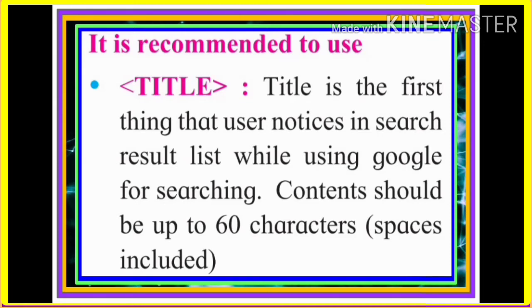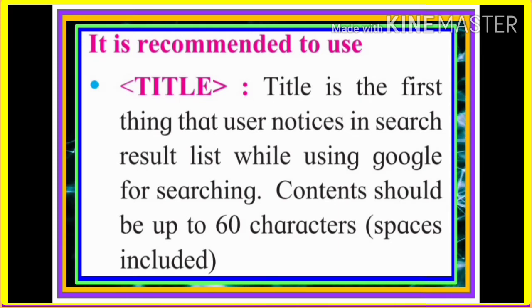To optimize the web page for SEO, it is recommended to use title tag, because title is the first thing that user notices in search result list while using Google for searching.